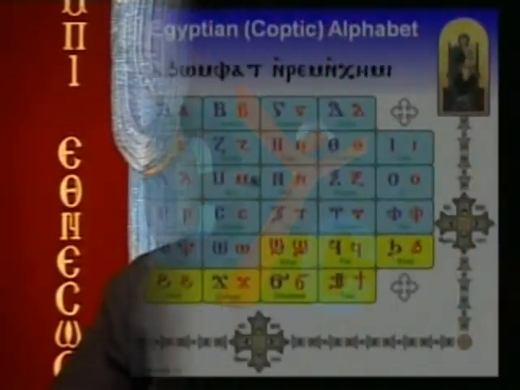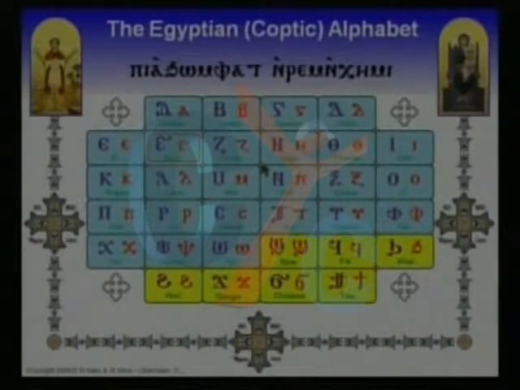Now, as you can see, there are 2 colors, and this is actually to indicate what's the origin of the letters. We have 2 origins for the Coptic letters. The blue ones, the sky blue squares, indicate the letters taken from the Greek alphabet, and the last 7 letters are taken from the Demotic alphabet.